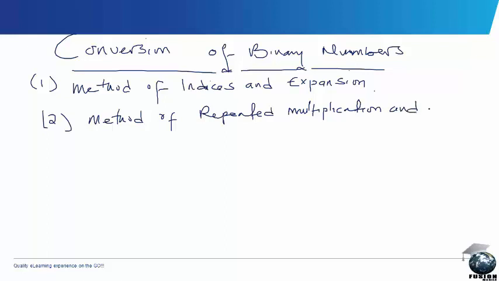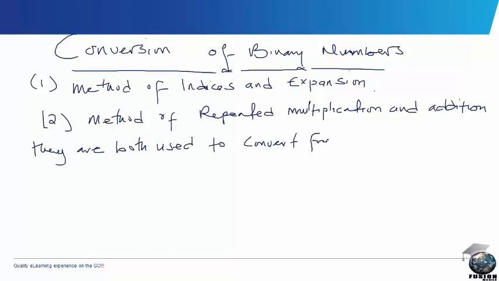These are the 2 important methods you can use to convert from any base at all to base 10. They are both used to convert from any base at all to base 10.